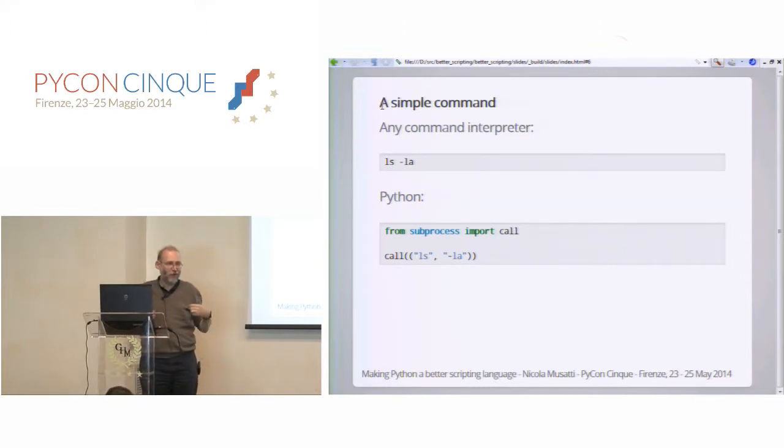What I find problematic, what I don't like, is the fact that at this point the command is in a string, so it's not a semantic element of my language, Python in this case.